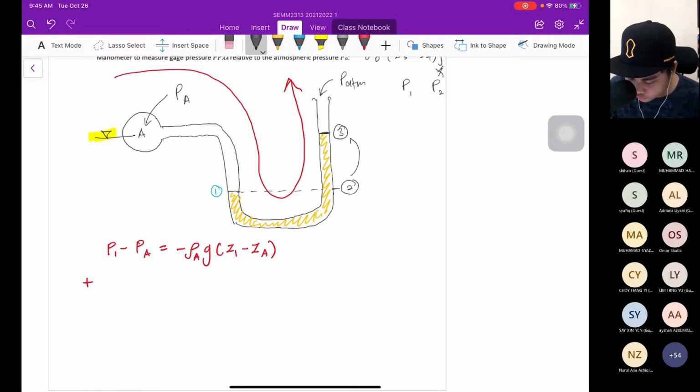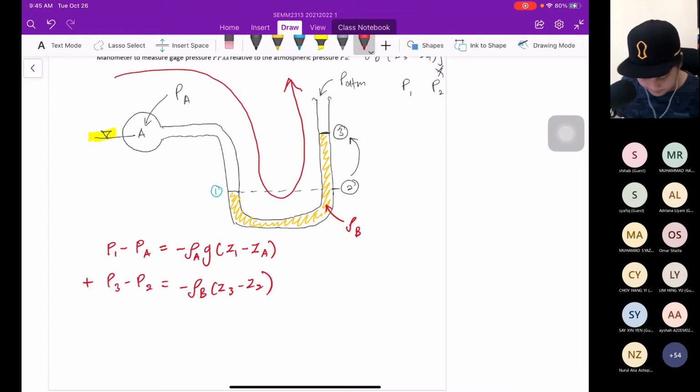So P3 minus P2 equals negative rho, maybe this is liquid rho B, g, (Z3 minus Z2).